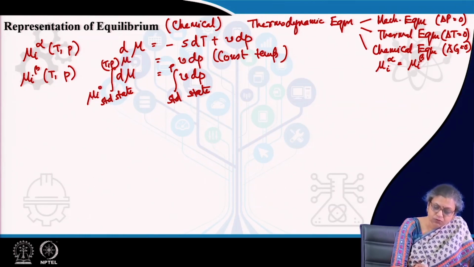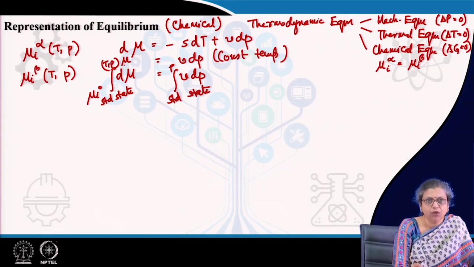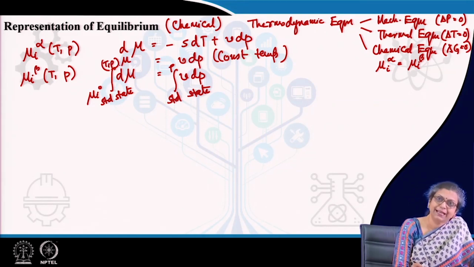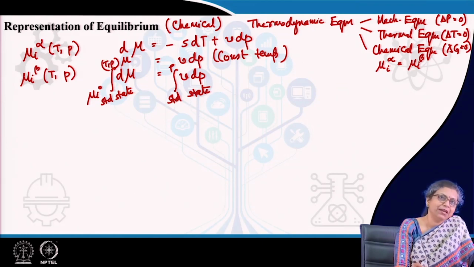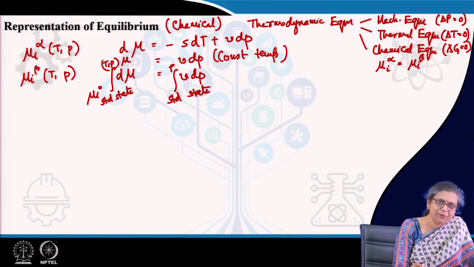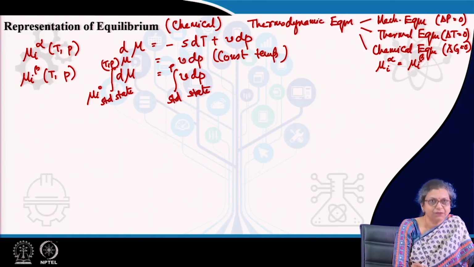So we need to know mu I at some particular standard state; only with respect to that can we find mu under the conditions that we want. Now, this is one very important problem of thermodynamics: more than the equations, it is very difficult to understand that most of the equations which express properties in terms of measurable properties are differential equations or difference equations.